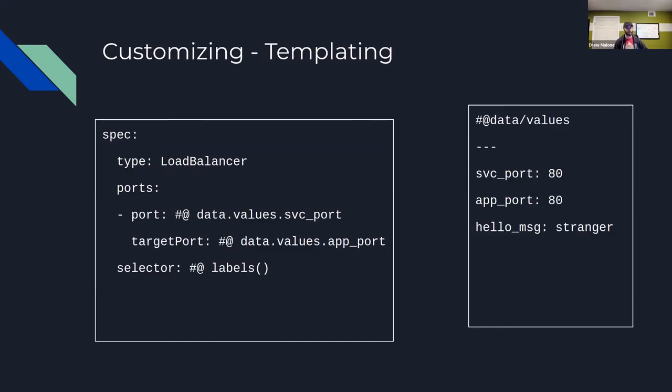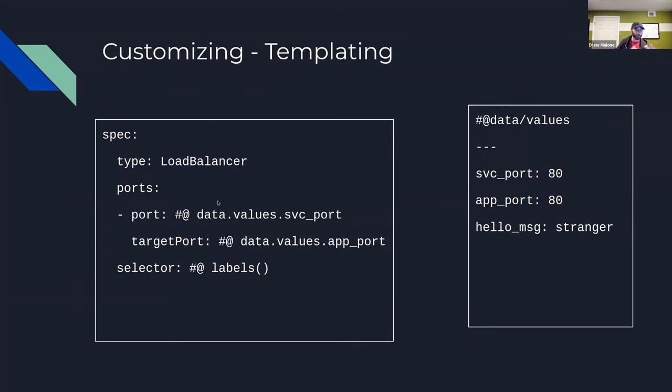What am I talking about with templating? If you've written any sort of YAML that had curly braces or had some dollar signs or anything else, you're familiar with templating. So what we're talking about here is on the left-hand side, I've just got an example load balancer. And you can see these annotations here, this sort of #@ here.